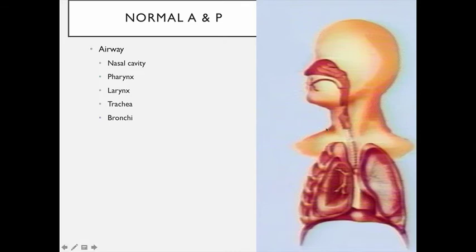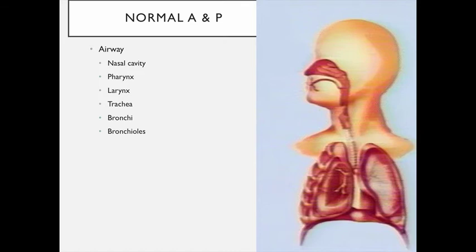Here we are, trachea, you can see the cartilage. Then we bifurcate down here into the primary bronchi, or the main stem bronchi. We've got the right side going into the right lung and the left side going into the left lung. So we have primary bronchi, secondary bronchi, tertiary bronchi, and then we go into our small airways, which have a lot of smooth muscle, which becomes important to us later.